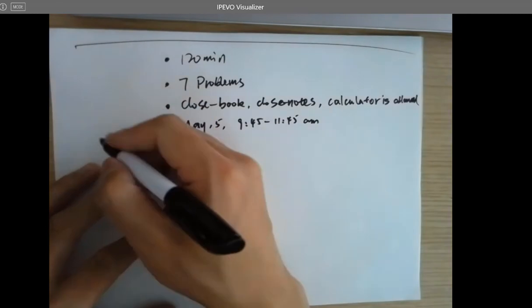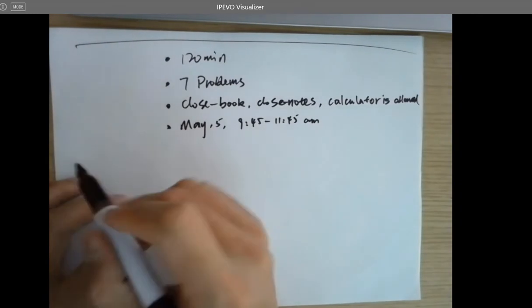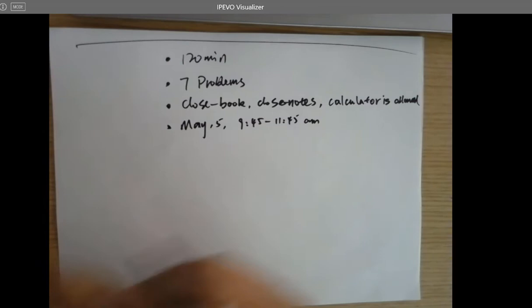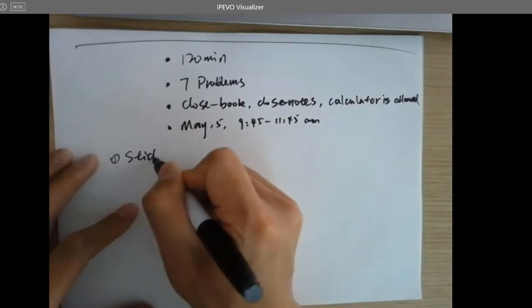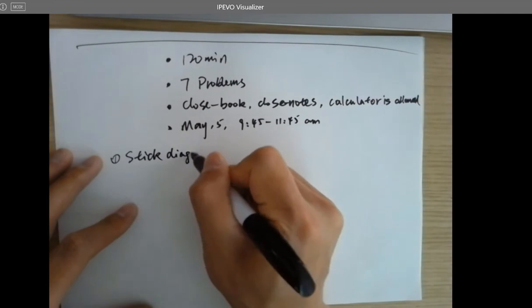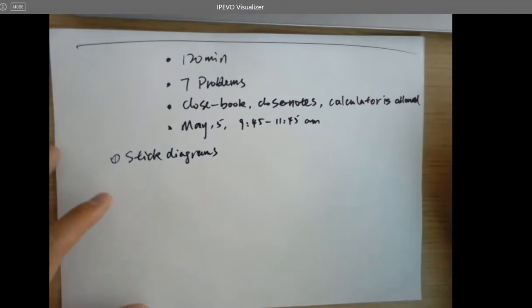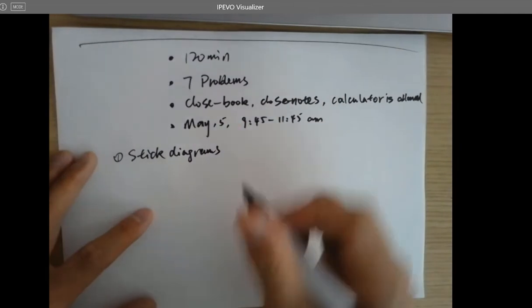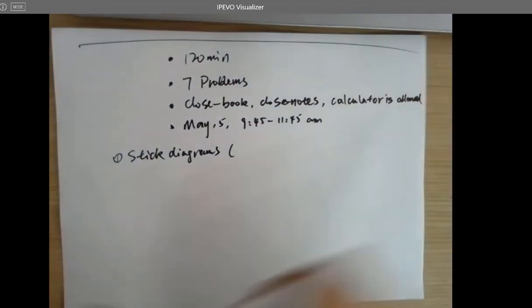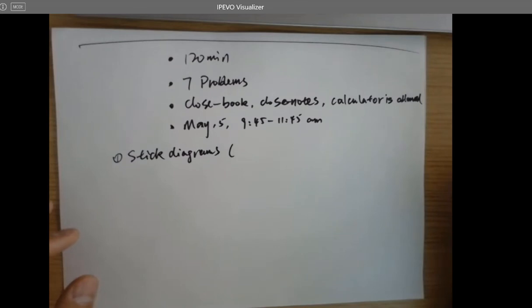So the first problem, let's look at the topics I want to cover in the final exam. The first one is stick diagrams. It has to be one string. So all the PMOS and NMOS have to be done in one line.